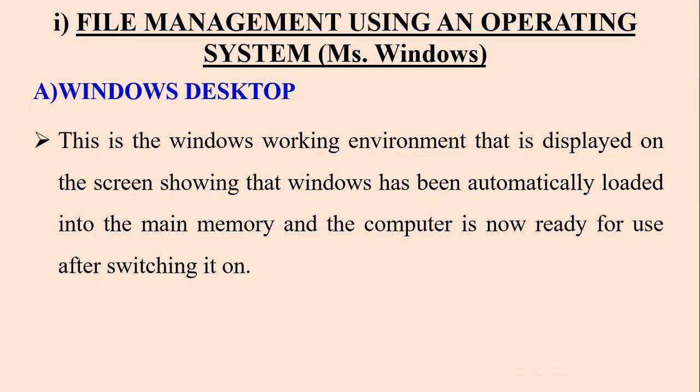A Windows desktop is the working environment that is displayed on the screen, showing that Windows has been automatically loaded into the main memory and the computer is now ready for use after switching it on. In other words, this is a working environment that is displayed after your Windows operating system has completed the booting process and is ready for you to use.